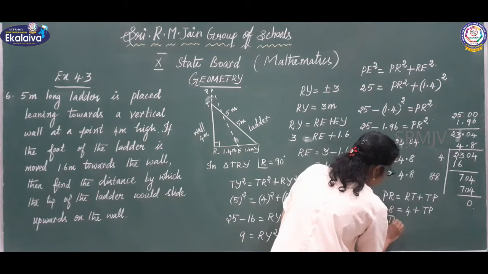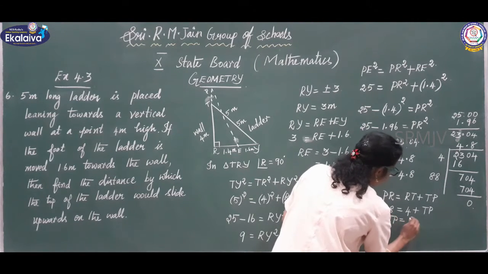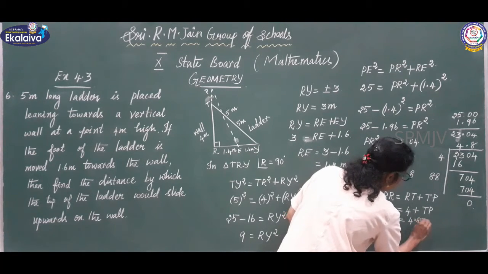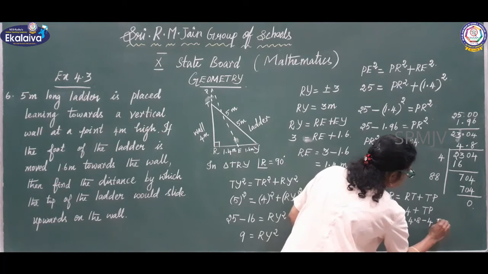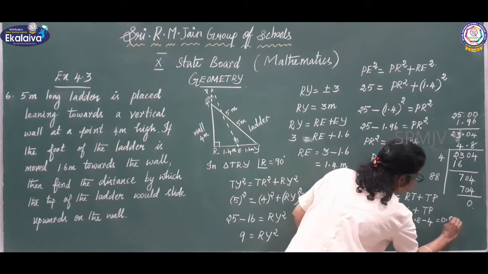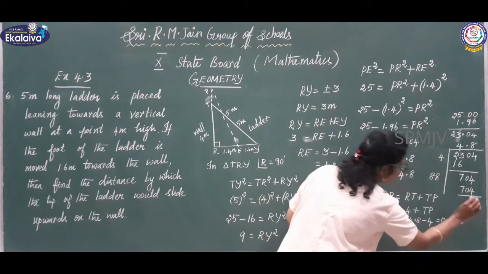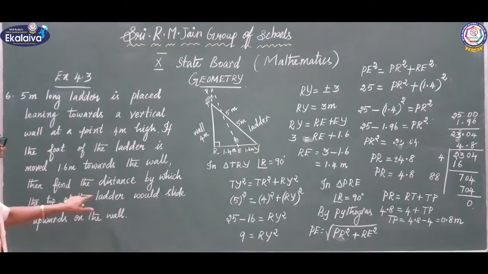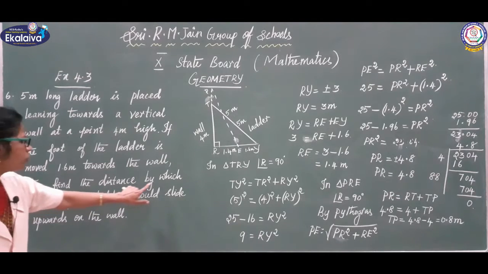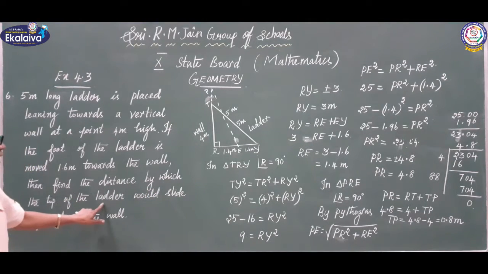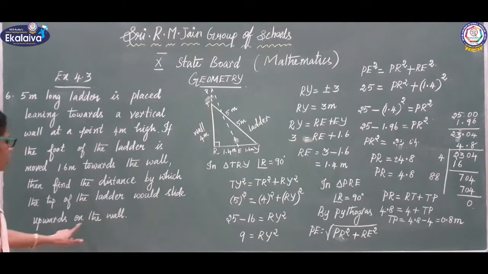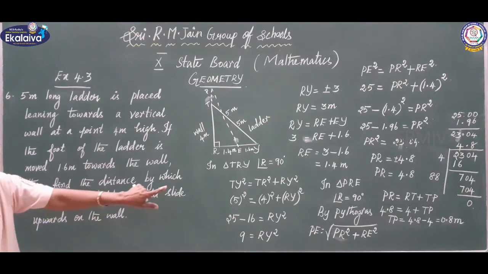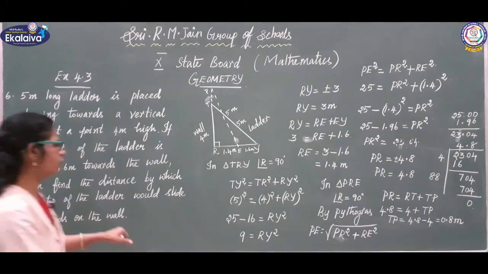Then TP equals 4.8 minus 4, which is equal to 0.8 meter. So what they ask, you see, the distance by which the top of the ladder would slide upward on the wall is 0.8 meter.